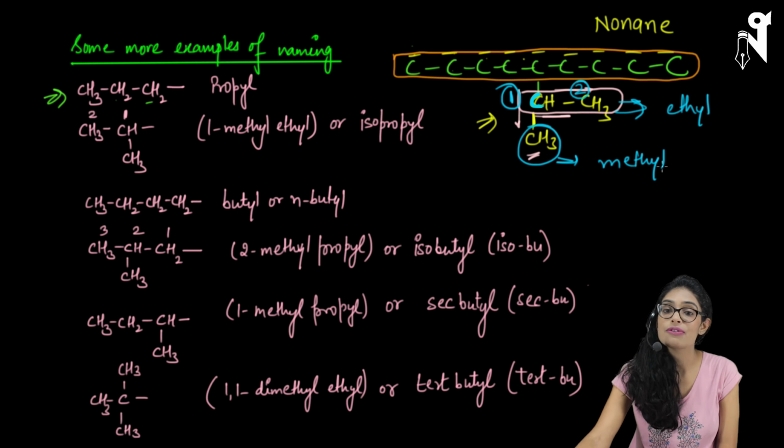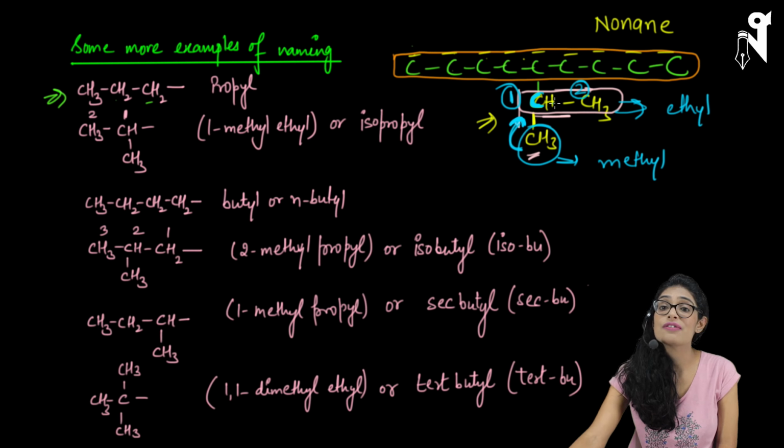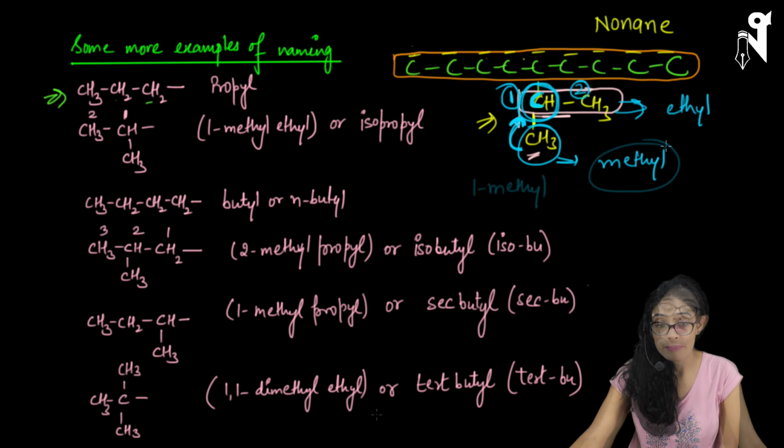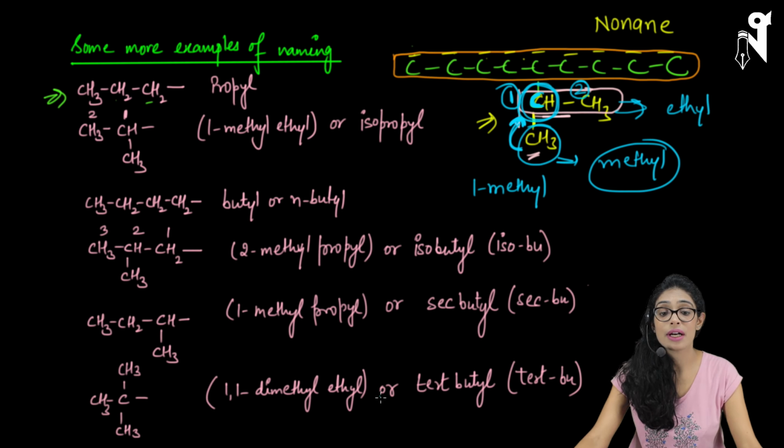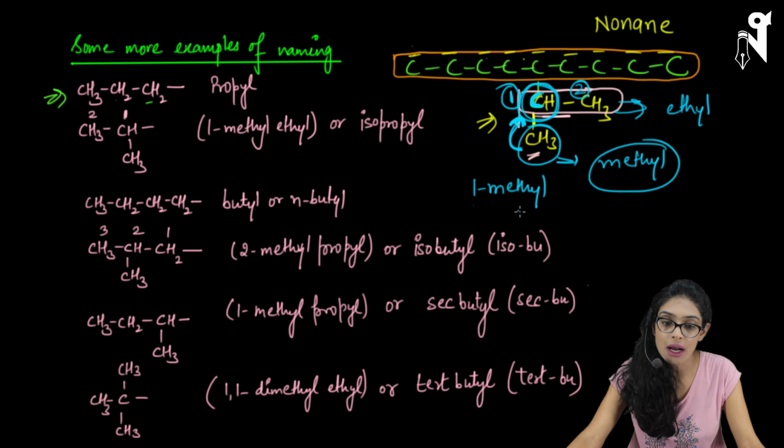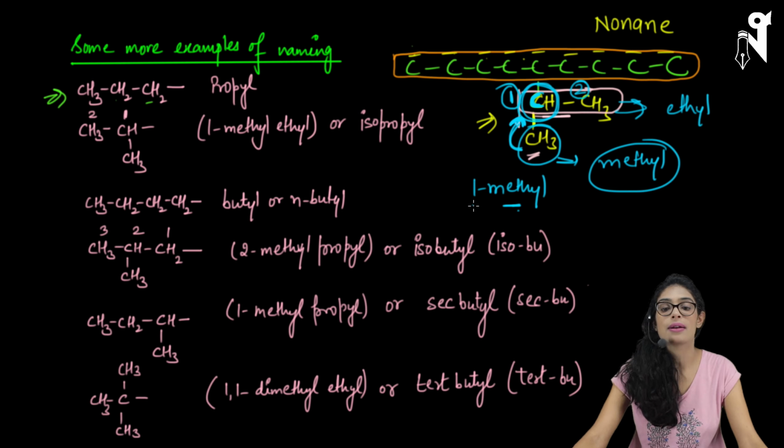I had marked this carbon first, right? This methyl group is present on the first carbon. So I will mark it as 1-methyl. So how will I write it? I will write it as 1-methyl, which represents that methyl is a branch present on the first carbon of my branch named ethyl.